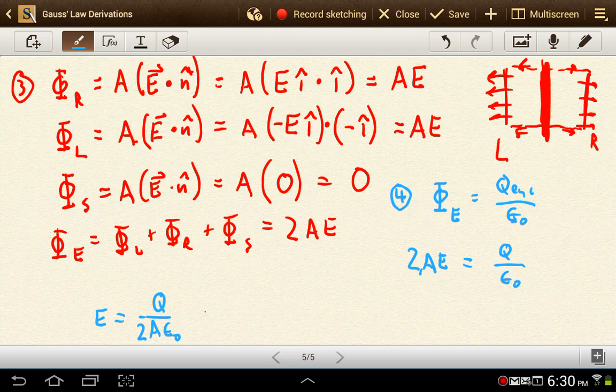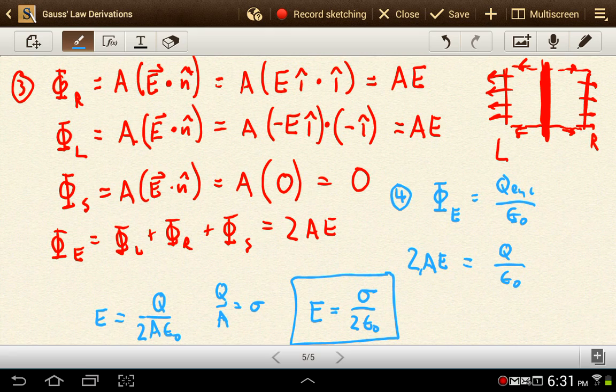Or, it's more appropriate because Q over A is the charge density, the area charge density sigma. So I'm going to say E is equal to sigma over 2 epsilon naught. Okay, so there you go.